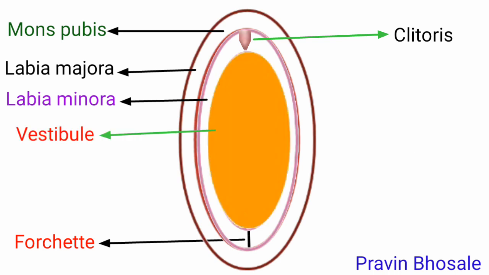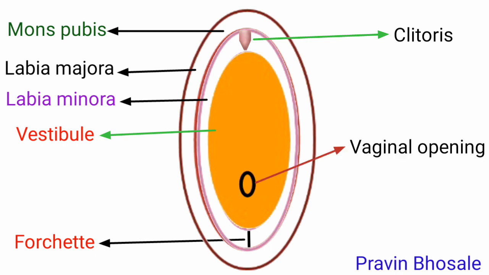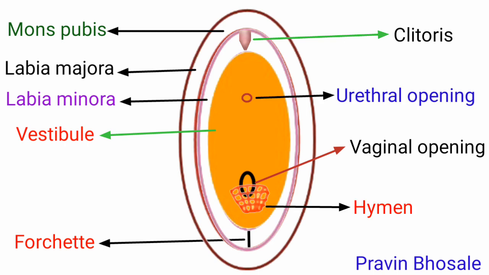Vestibule: it is a median vertical depression of the vulva enclosing the vagina and urethral opening. Hymen: it is a thin layer of mucous membrane which partially occludes the opening of the vagina.